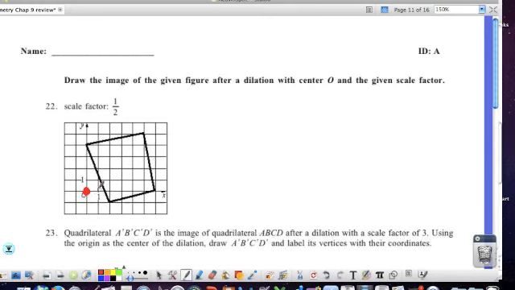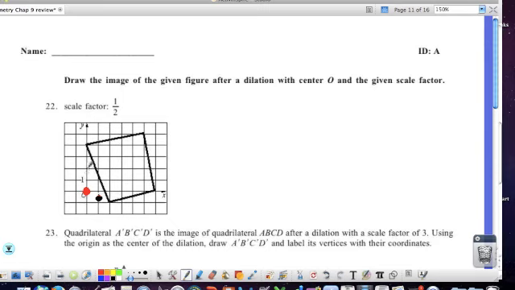So this is 2 spaces to the right and 1 down. So what is 1/2 of 2? 1. And 1/2 of 1 is, okay, so my new dot in relation to this red dot is here.